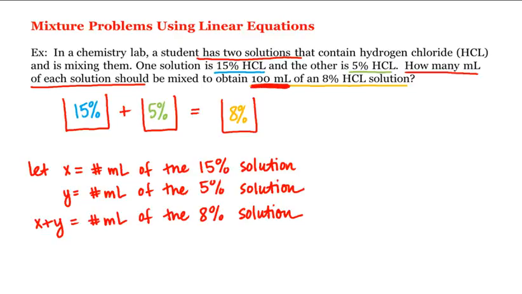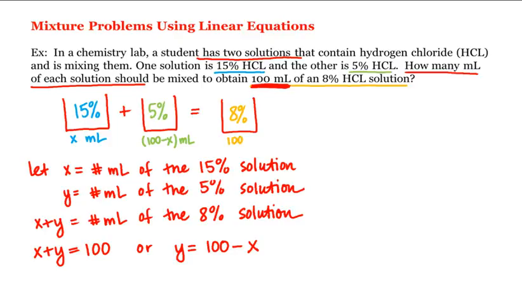It has to be 100, which means that X plus Y is equal to 100, or Y is equal to 100 minus X. So let's write that up here. We're mixing X milliliters of the 15% solution with Y, or 100 minus X milliliters of the 5% solution to obtain 100 milliliters of an 8% hydrogen chloride solution.